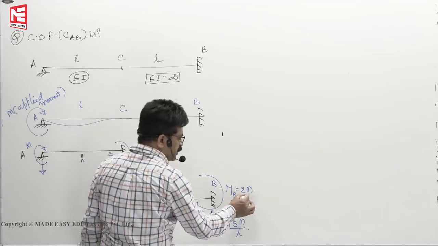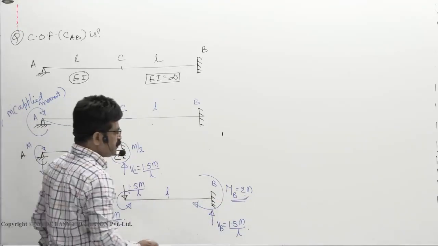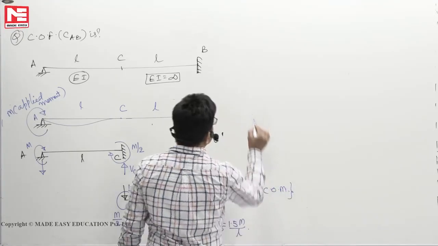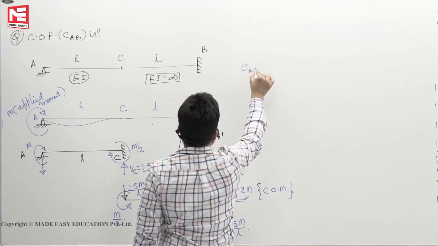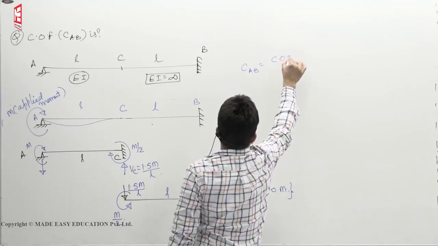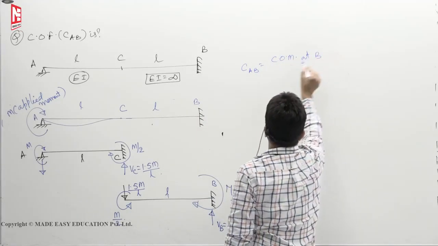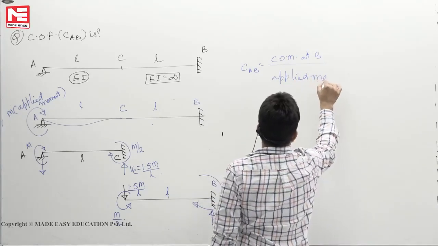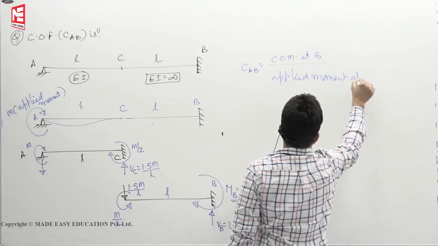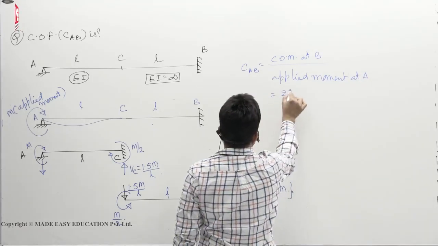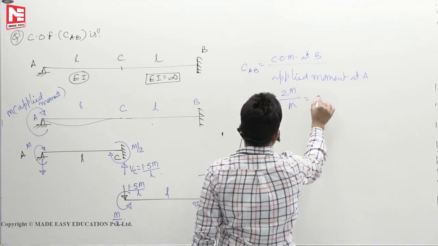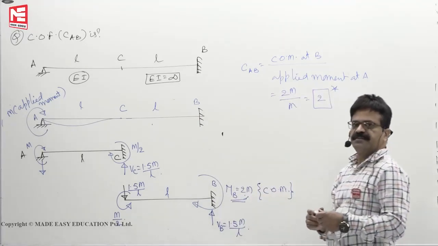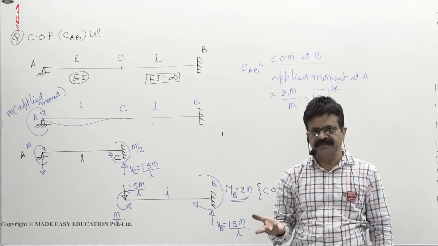This 2 M, the reason for 2 M is M. That's why this is called COM. So carryover factor CAB is equal to carryover moment at B by applied moment at A. So you will get 2M by M. So carryover moment can be more than applied moment.